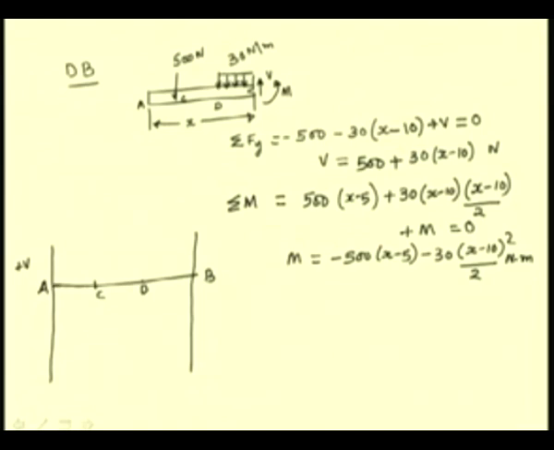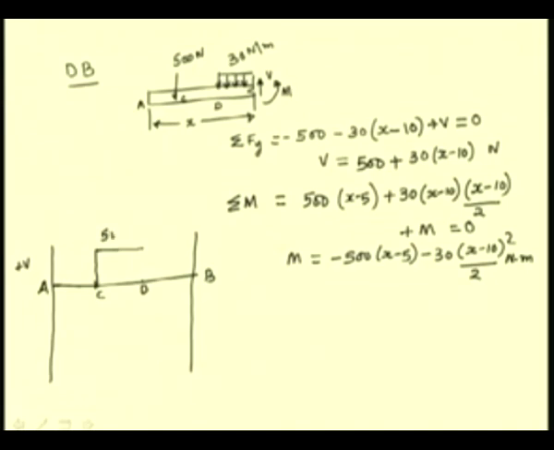So, let us say to some scale we are drawing the shear force. For the section CD, we have found the shear force to be 500 Newton. So, it jumps to 500 Newtons and remains constant in this portion CD.